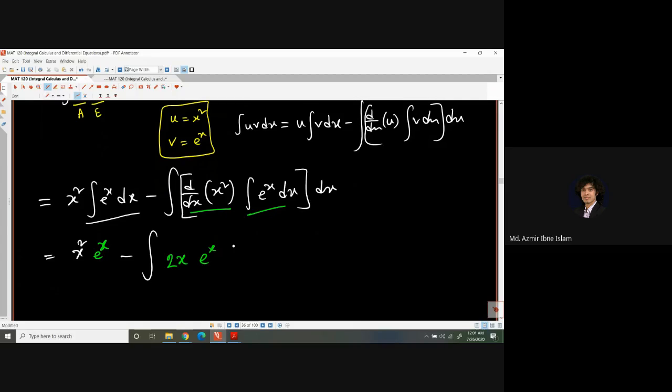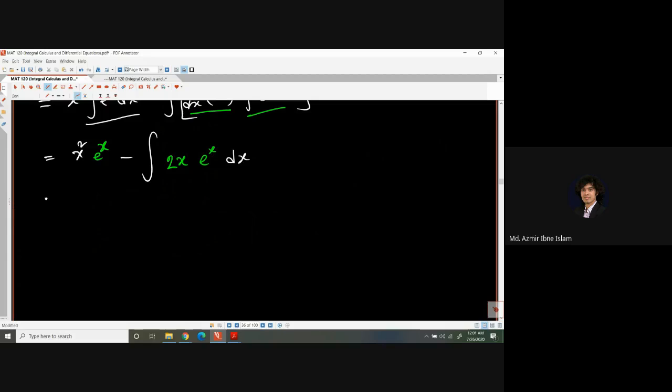So this time what we have to do, you can see we have x squared e to the power x, negative 2 is constant, so 2 can be pulled out before this integral sign, so we have x e to the power x dx. So you can see that we have again a uv part.